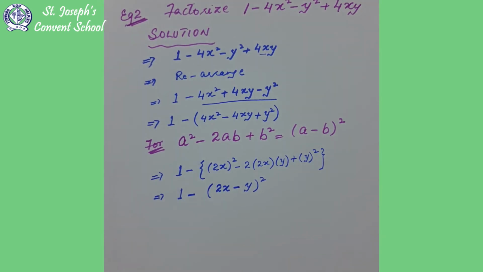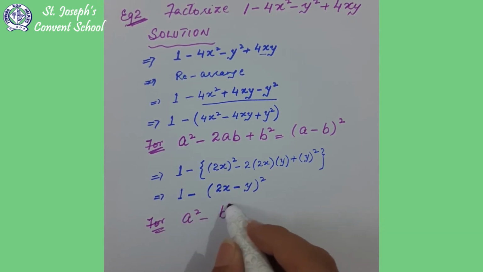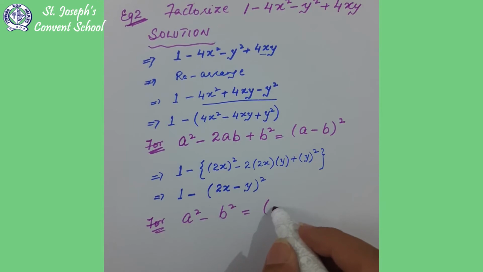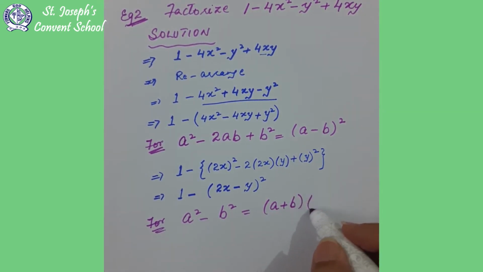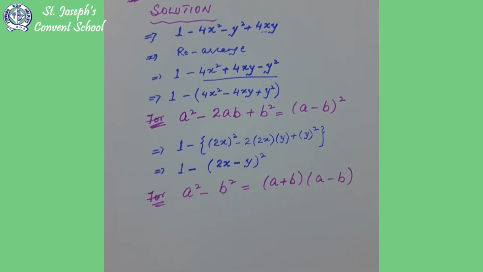Now the second step, we will apply the second formula. Let me write down the formula. The formula is a square minus b square equals a plus b and a minus b. So this formula we will apply. We will compare the question with this formula.